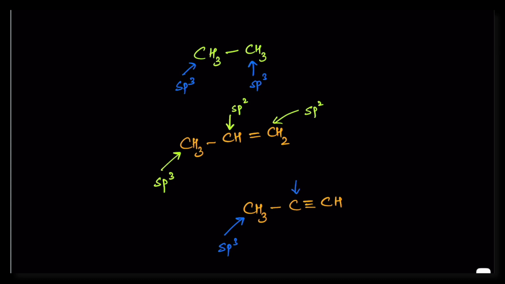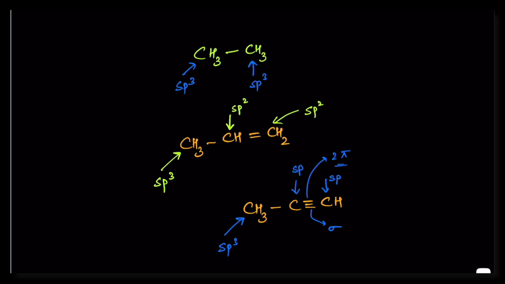The other two carbon atoms have two pi bonds. The first bond here is a sigma bond, and the remaining two bonds are pi bonds. So there are two pi bonds here. So this will be an sp hybrid carbon, and this will also be an sp hybrid carbon.